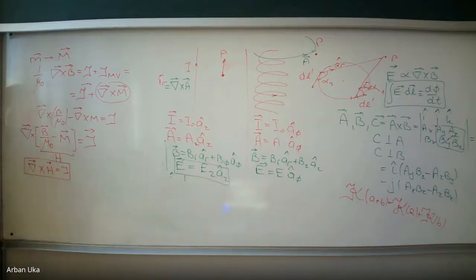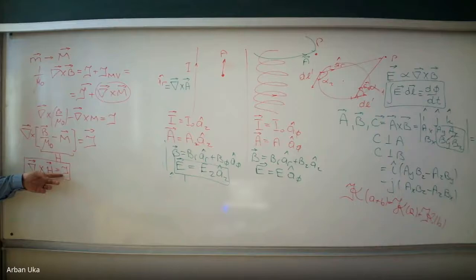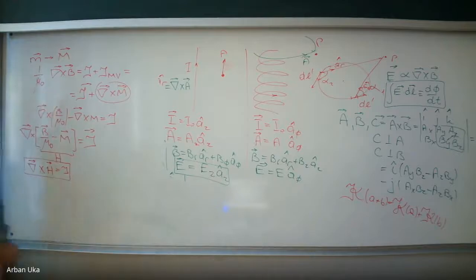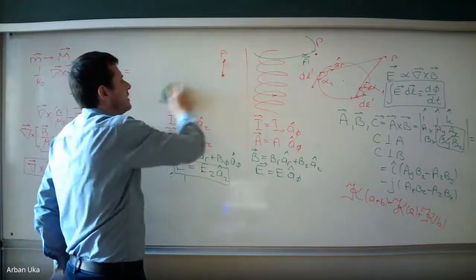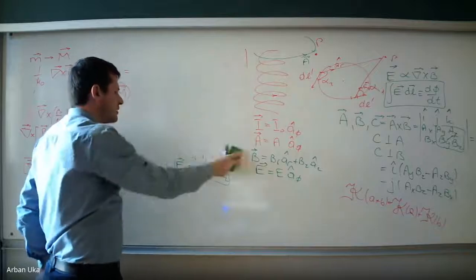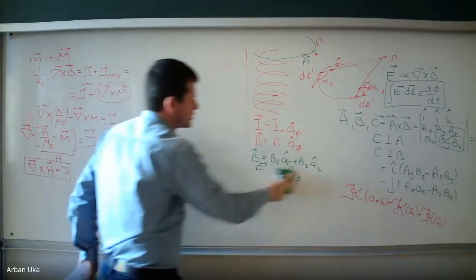Now, if we have the curl of H equal to J, we can immediately expect the direction of J to be perpendicular to H, or the other way around. So they are perpendicular with respect to each other. And whenever we see such a relation, we do remember the Stokes theorem, and the other one, the divergence theorem.